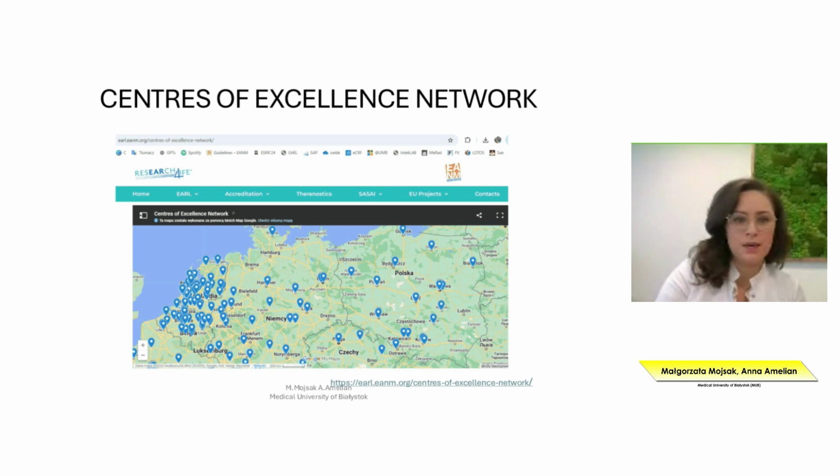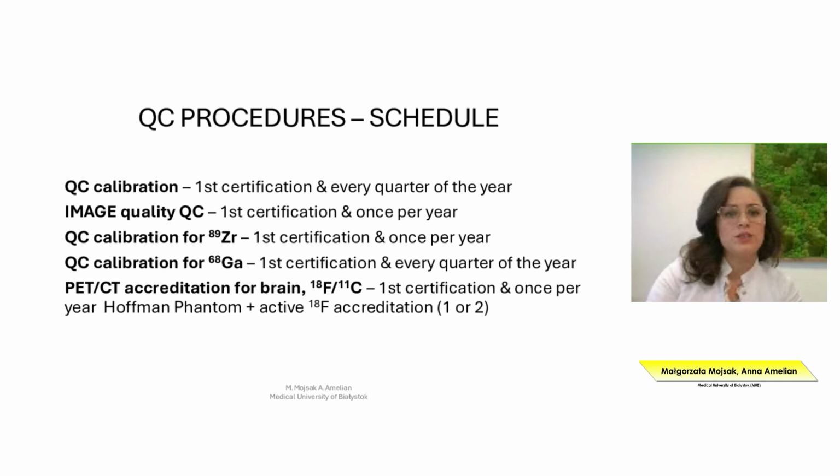And here on the website of the Centers of Excellence, we can see the whole network of these centers, and we can see which centers have an active accreditation. In Poland, we are the only institution that has an accredited PET-MR scanner. In Western Europe, as you can see, there are many more such scanners accredited, but, well, we are trying to get to this level.